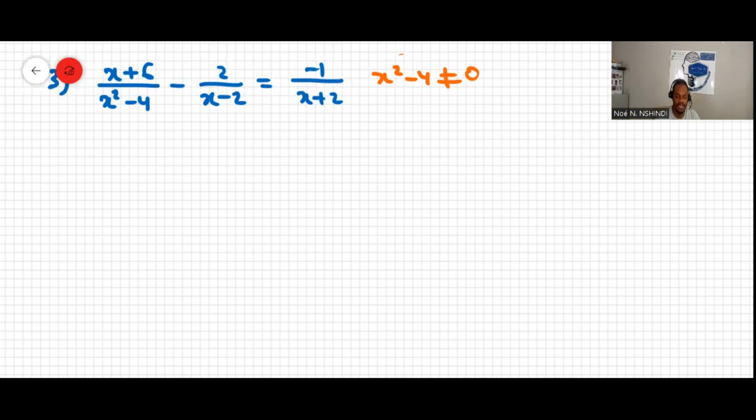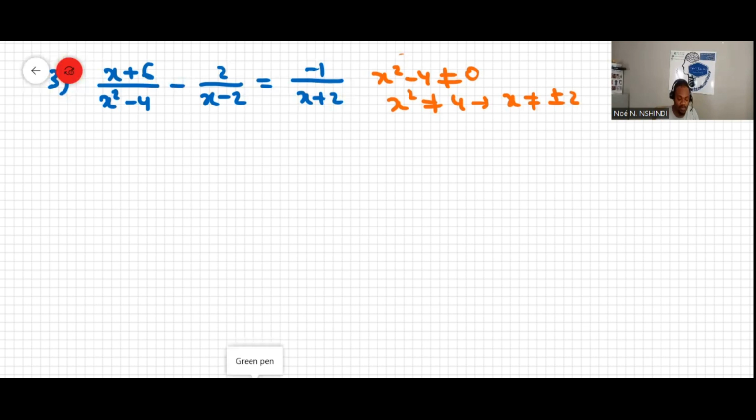This means that x squared cannot be equal to 4, which means that x cannot be equal to plus or minus 2. Then when I look at the denominator of the first fraction, it is what we call the difference of two squares.